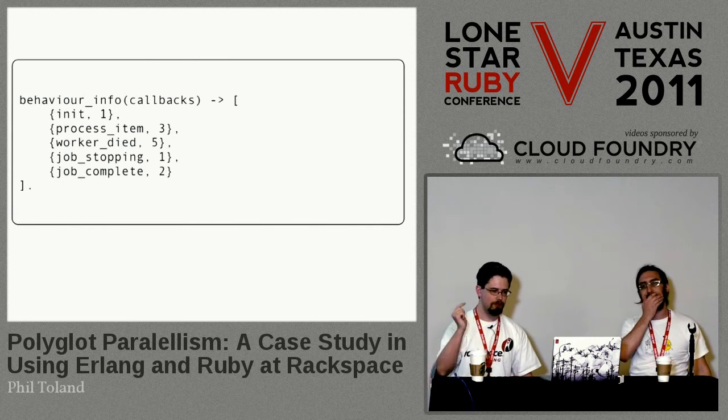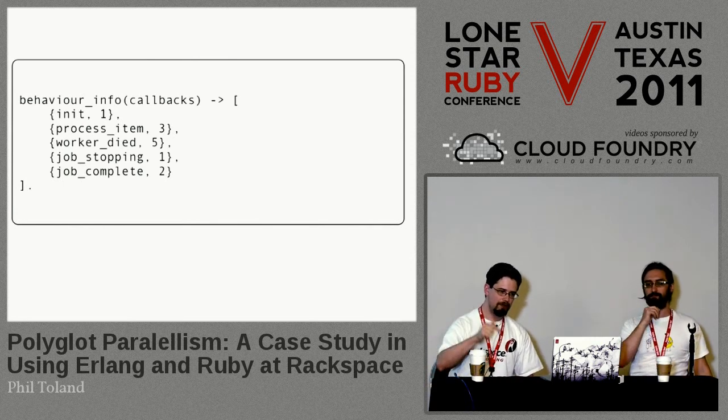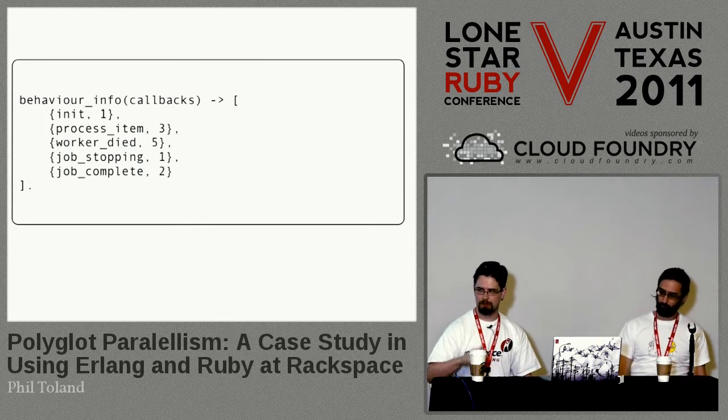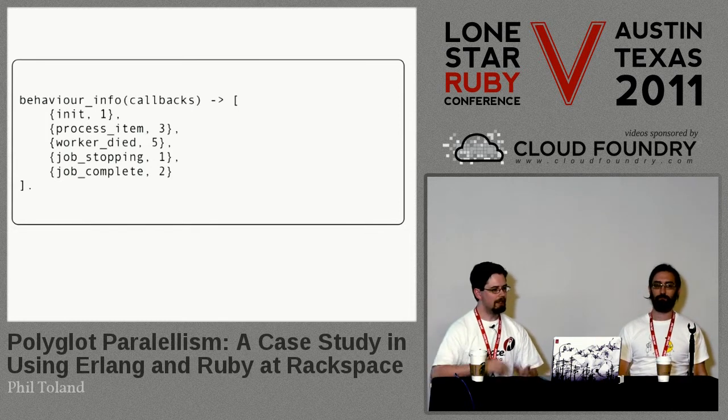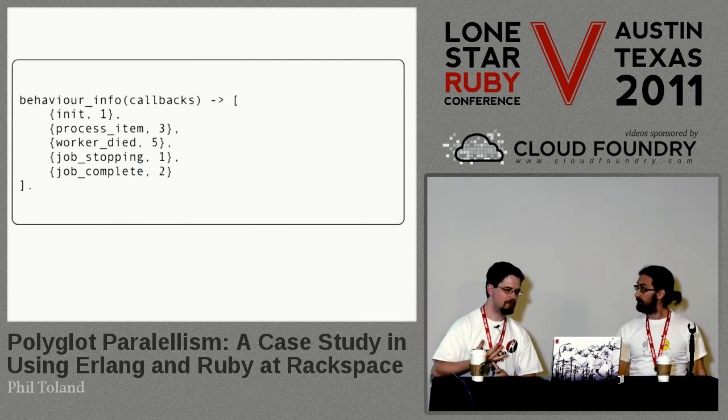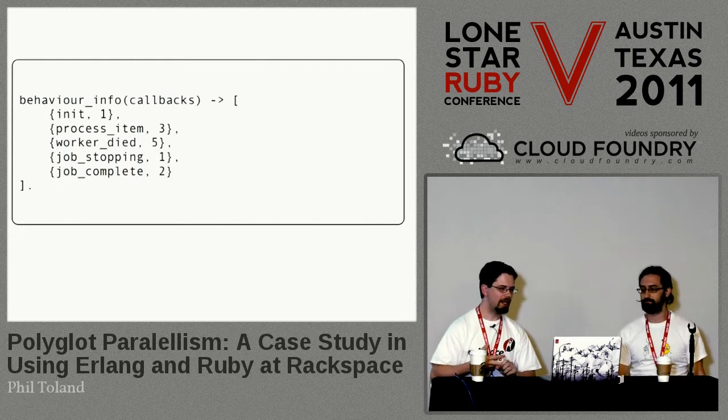Then whenever you compile your modules, when you say this module conforms to this behavior, the compiler will check that and will yell at you if it doesn't. In this case, anything that is a job callback has to export an init that takes one parameter, process item, which takes 3, worker died, job stopping, and job complete, which are all notification callbacks when the thing happens.